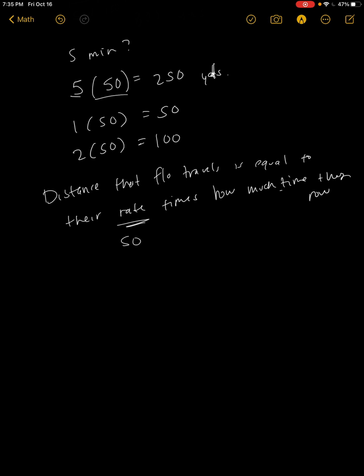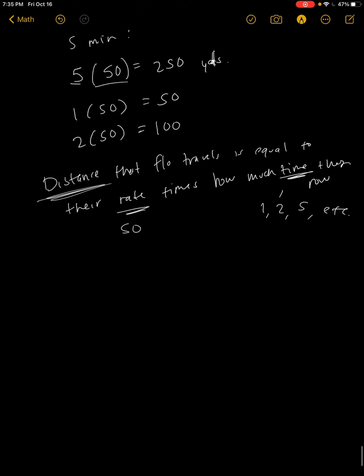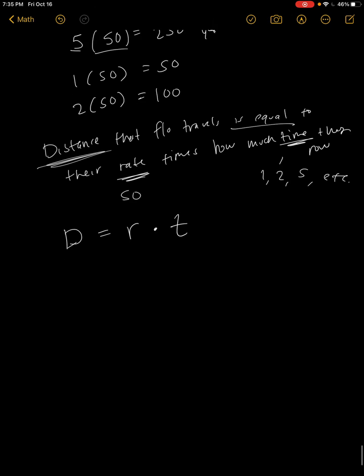Their rate was 50, and then how much time is how many minutes. Was it 1, was it 2, was it 5, etc. And that'll give you the total distance they traveled. So distance is equal to their rate times the time traveled.